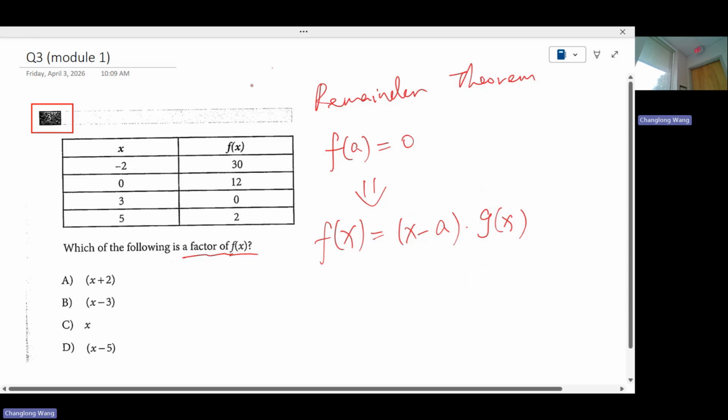So when a function vanishes at that number x, it makes it so special, so you can use that to construct a factor like that. So now, how much do you think that the a has to be for our problem? 3, right? Therefore, it's x minus 3.